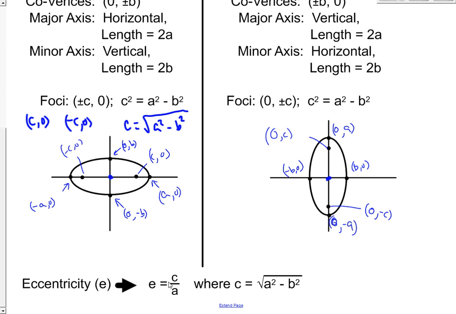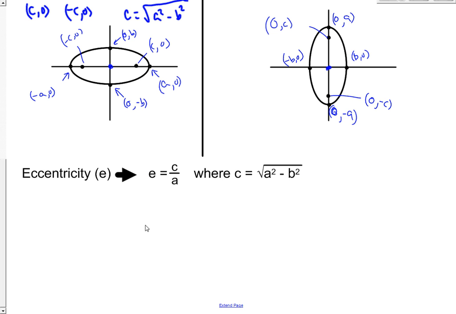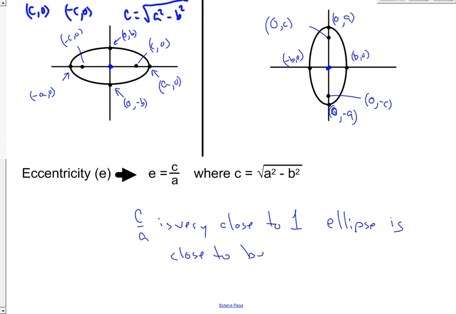And what that tells us is if c over a is very close to the value of 1, then our ellipse is close to being a circle.